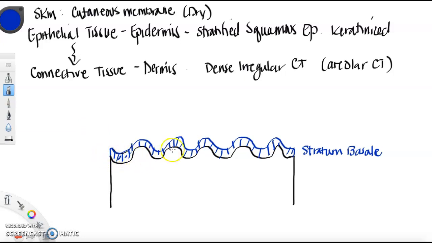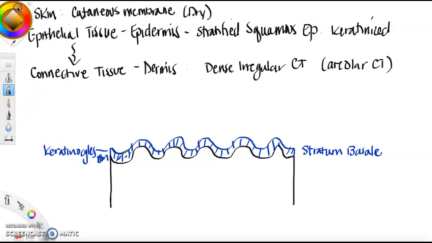They sit on top of this areolar connective tissue. Their basement membrane is here, and it's attached to that connective tissue of the dermis. And the cells here are called keratinocytes, most of them. Since it's stratified squamous epithelium, they're squamous cells, but they're called keratinocytes.